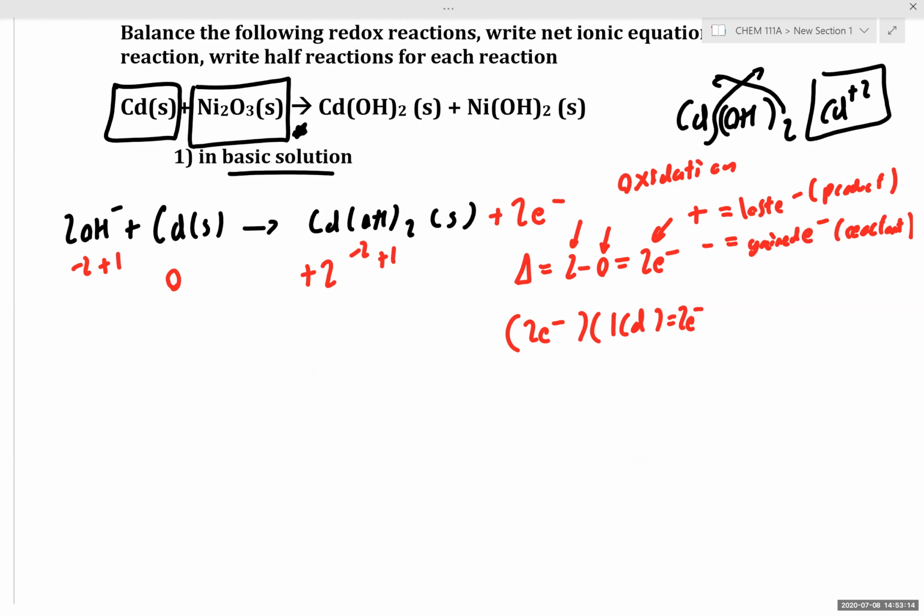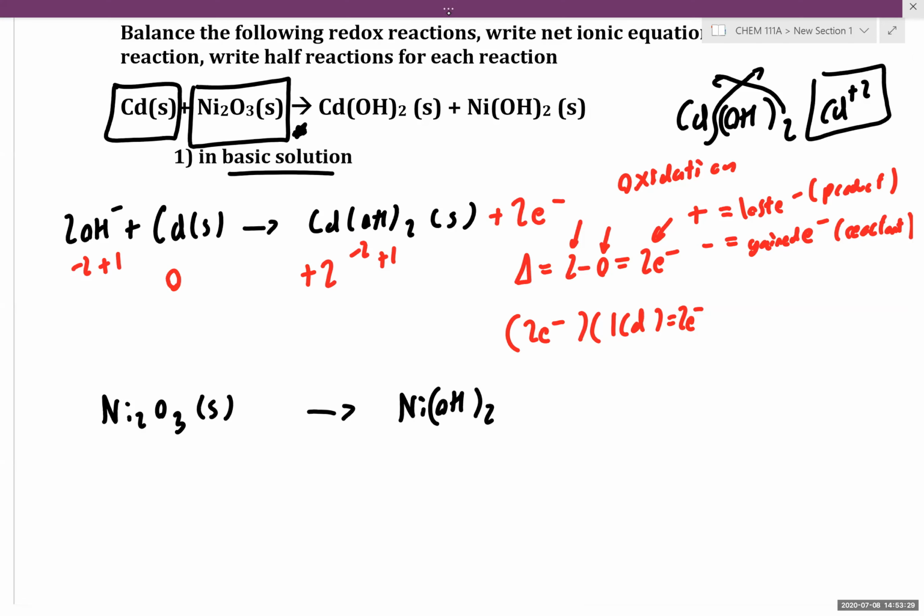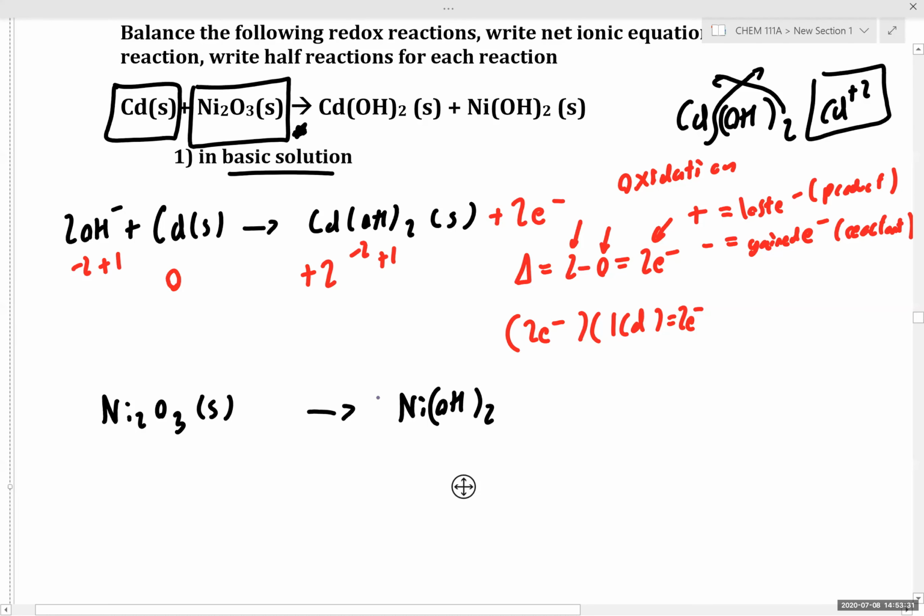Oh, I can rewrite it then. I'll rewrite it. So just to reiterate the logic, for nickel 3 oxide going to nickel hydroxide, first and foremost, I balance my nickel atoms. Then I look at my oxidation numbers.